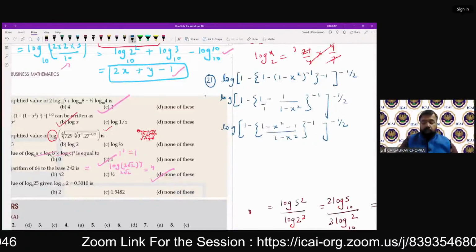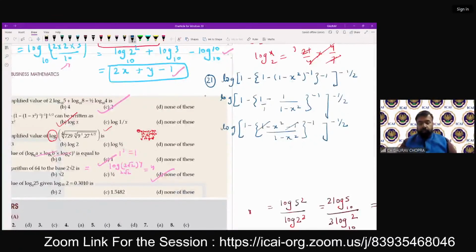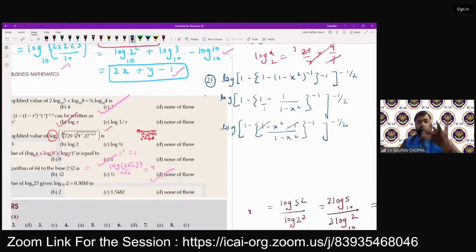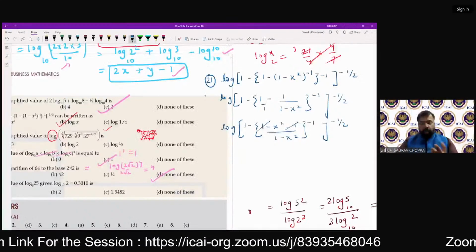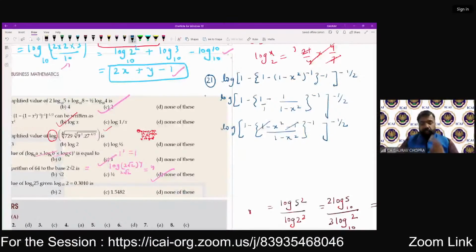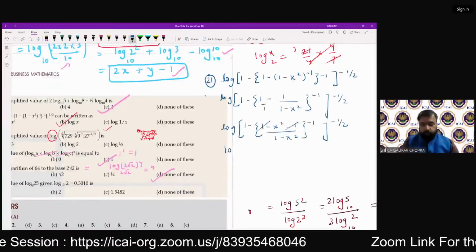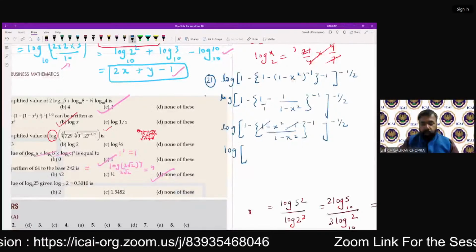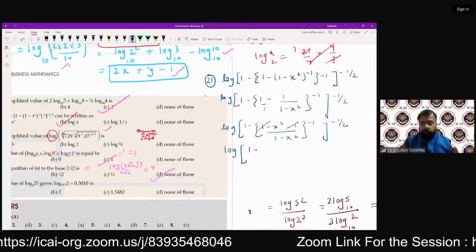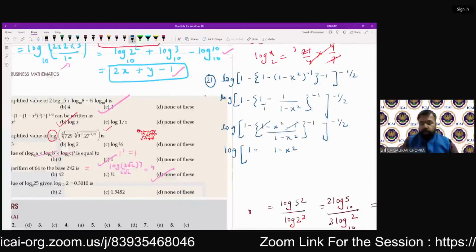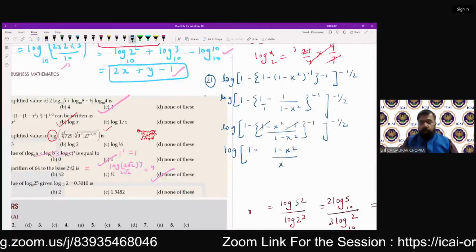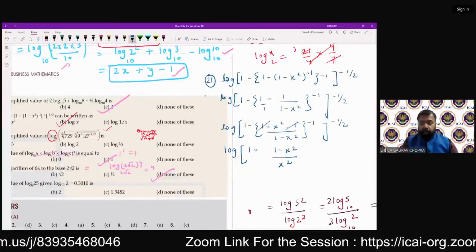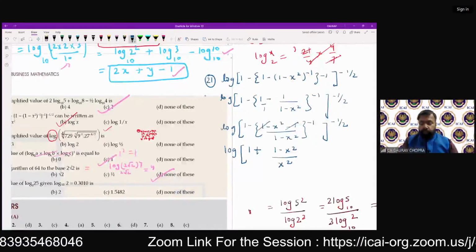Now you can see that 1 and minus 1 will get cancelled, and again there is a power of minus 1 on the bracket, so we reciprocal again. It will become log of 1 minus x square upon minus x square, and minus minus will become plus.